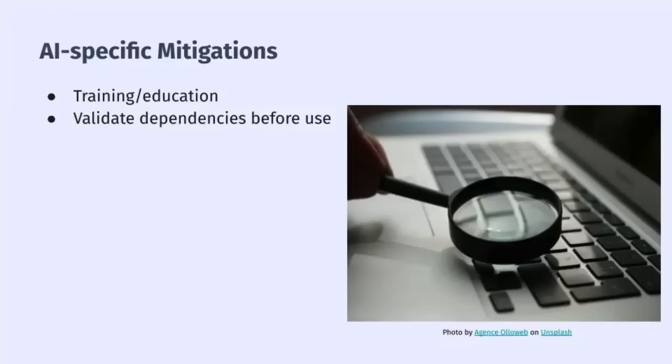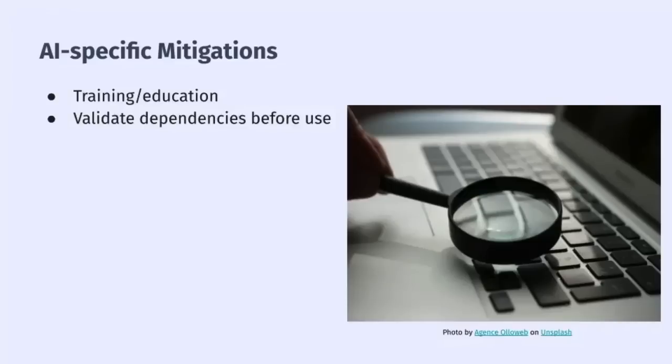The next mitigation is to validate these dependencies before we use them. Run a statistical analysis on a data set. This is a best practice we should be doing anyway to make sure that the data set is fit for purpose. We should also look at it from the cybersecurity point of view. If you're using a foundational model, test it with as many edge cases as possible. Be aware of how we're using dependencies too.